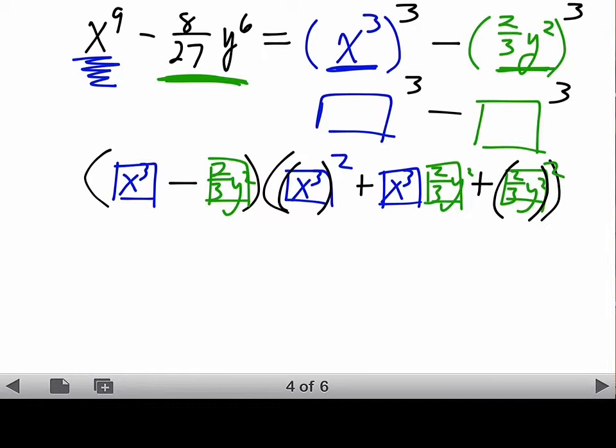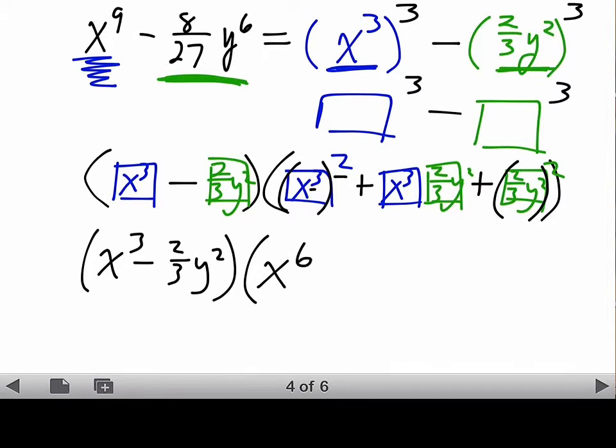Now I can clean all of this up. In the first set of parentheses I have x cubed minus 2/3 y squared. And in the second set of parentheses, this x cubed squared is going to become x to the 6th because we multiply exponents. In the middle term, we'll end up with plus 2/3 x cubed y squared, putting these in alphabetical order.